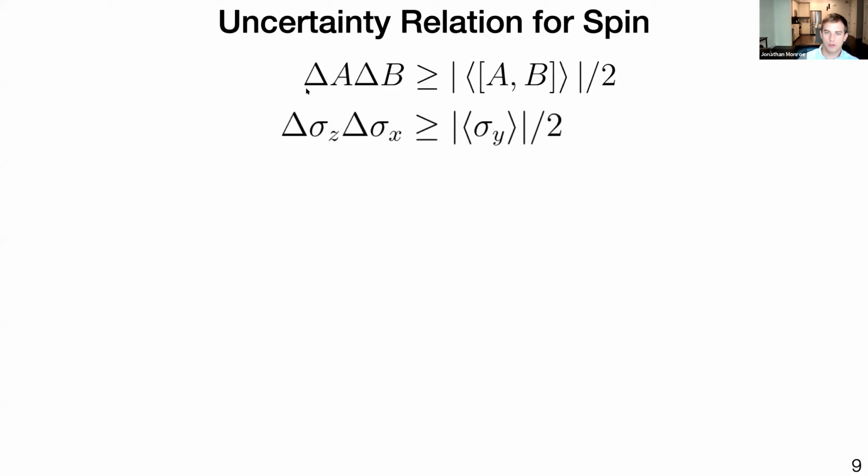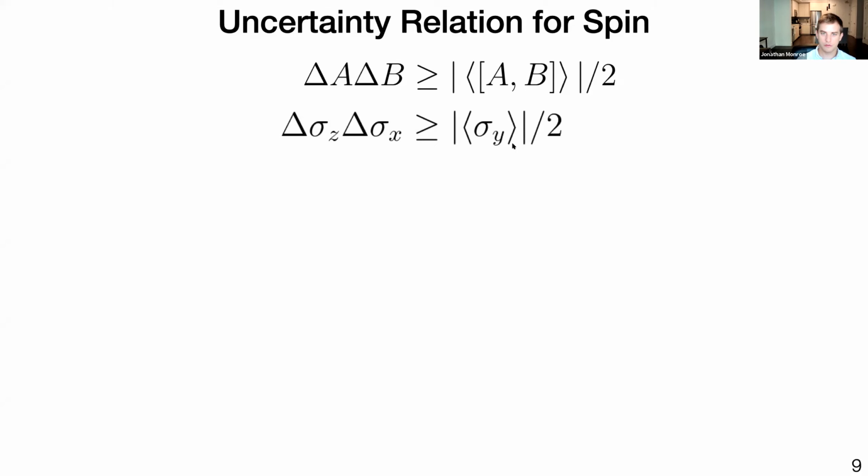We're all familiar with the Heisenberg uncertainty relations that relate the product of variances of two observables A and B. And we know that this relates to the expectation value of the commutator of those two operators. In the spin 1/2 systems that we're talking about, this corresponds to the variances of sigma z and sigma x, and the commutator of those is, of course, sigma y.